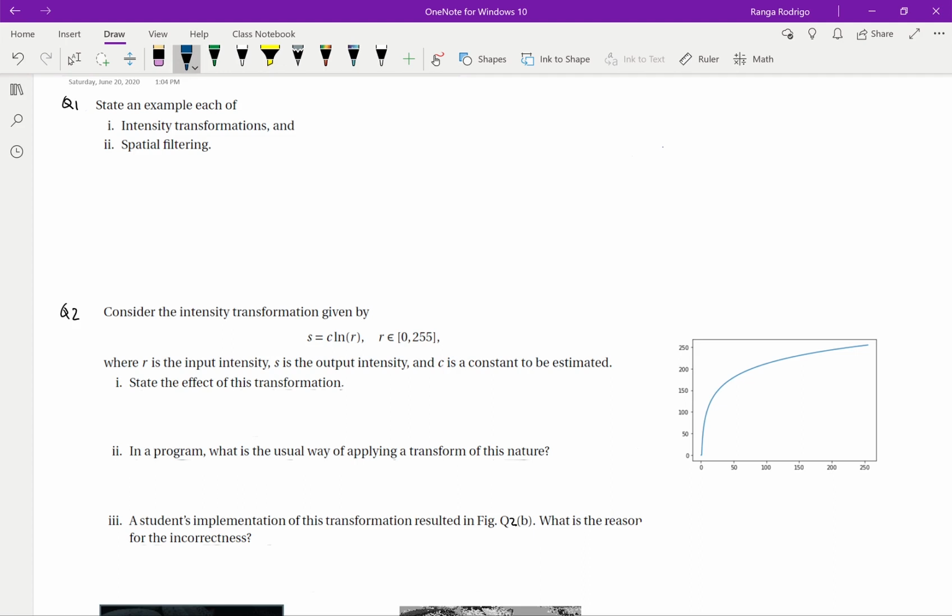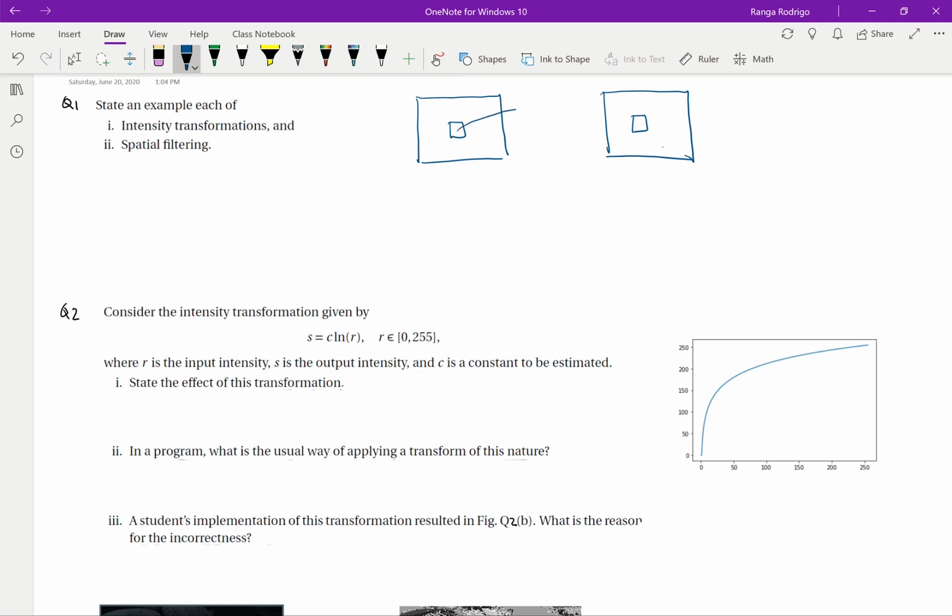So when we consider intensity transformations, when you have an input image and a corresponding output image, the value of a pixel in the resultant image depends only on the corresponding input value.